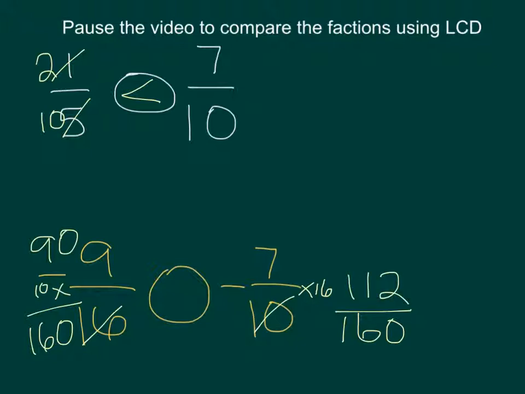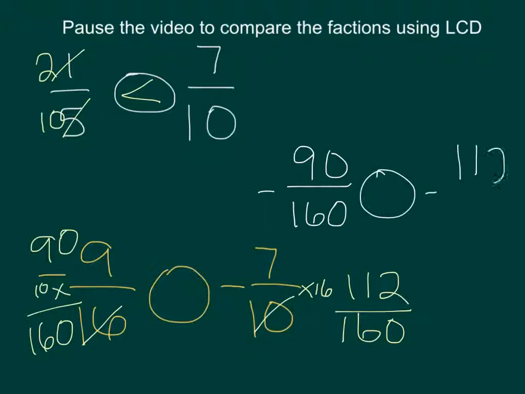So I'm going to rewrite my fractions. We have -90 over 160 compared to -112 over 160. So now you can just look at your numerators, -90 and -112. Again, the further away from 0 a negative number is, the smaller it is. So we would be able to say that -90 is greater than -112.